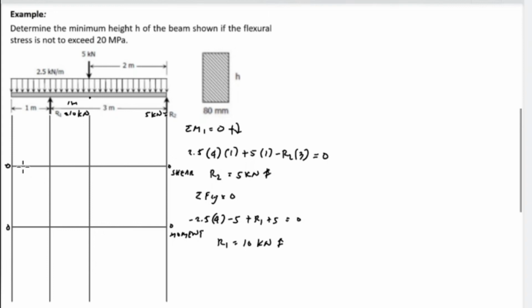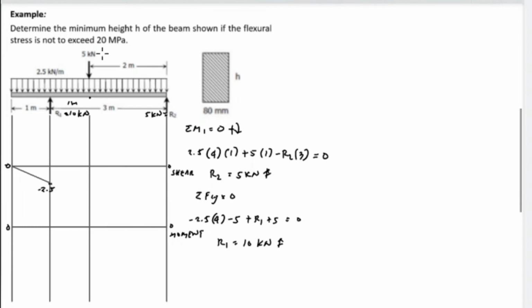And first, we have a uniform load of 2.5 up to point 1. So 2.5 times 1 is equivalent to 2.5 kilonewton. So we have negative 2.5. And the next is a diagonal line, from 0 up to negative 2.5.